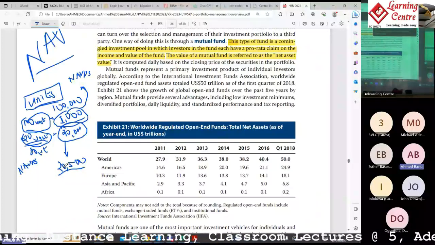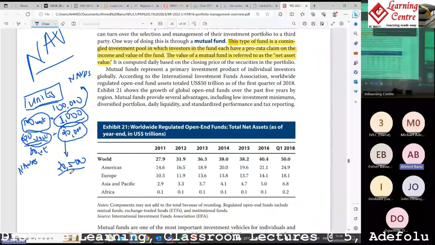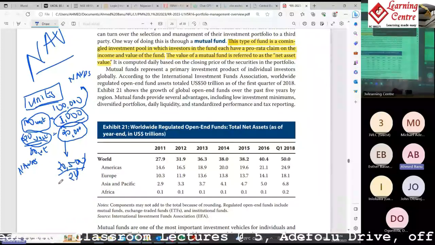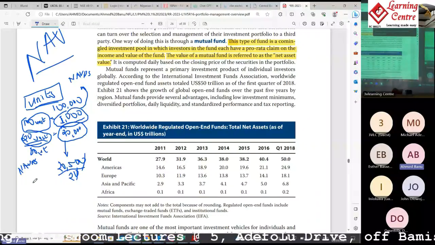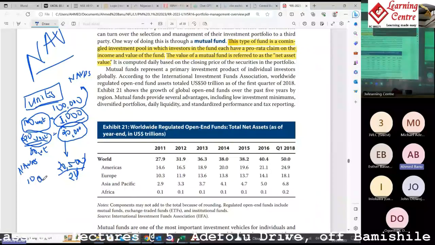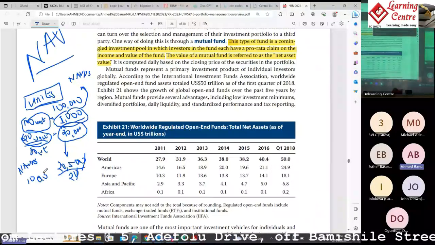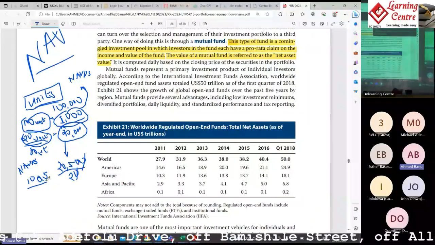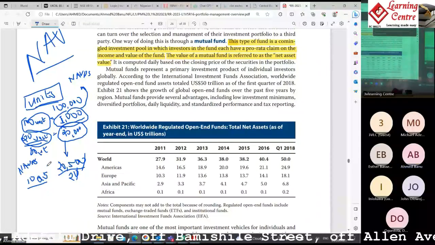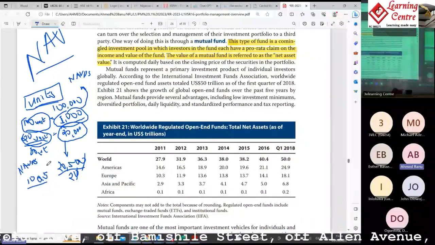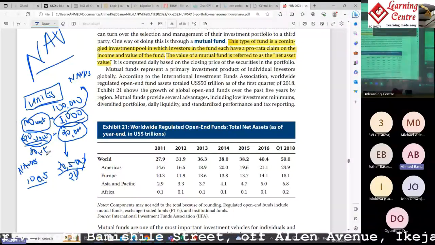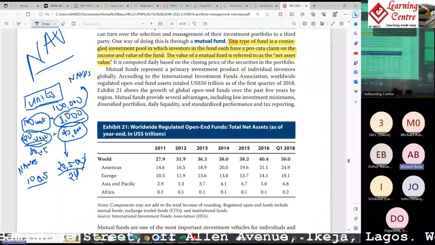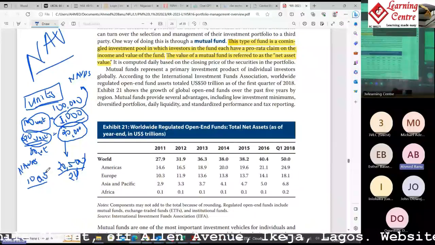It is now 20,500 divided by 20, which would be 1,025. That means at the end of day one, because of the gymnastics that the portfolio manager was able to do, your NAV per share has increased from 1,000 to 1,025.